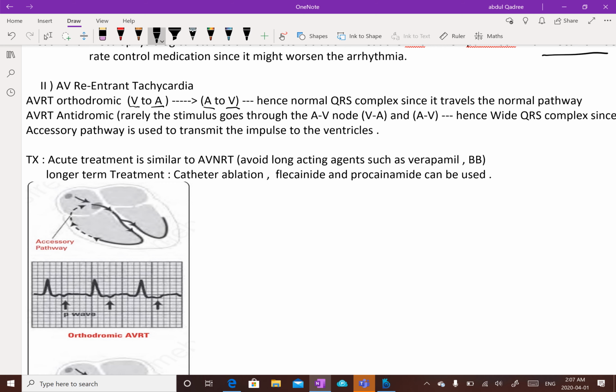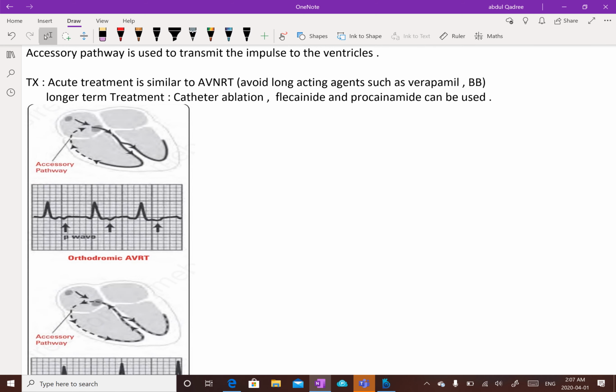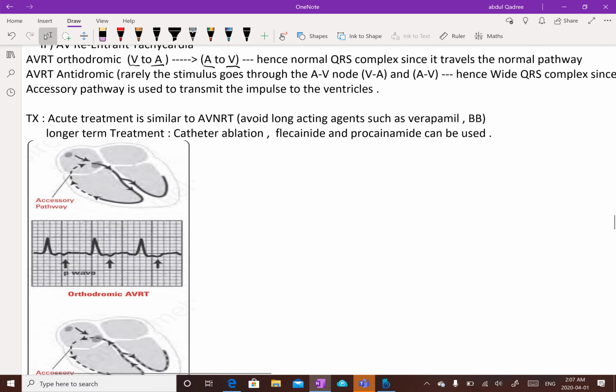Antidromic, however, is an abnormality where the electrical impulse goes from the ventricle to the atria, and it rarely goes through the AV node to the ventricle. So the ventricles send the electrical impulse through the AV node, it goes back to the atria and then comes back again to the ventricle.